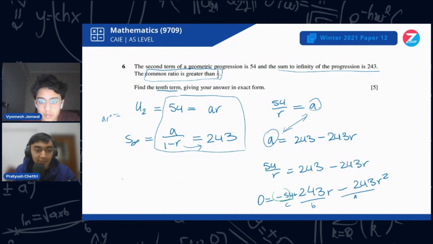Okay, so this, when I factorize it with my calculator, gives me 0 is 3x minus 2 and 3x minus 1.